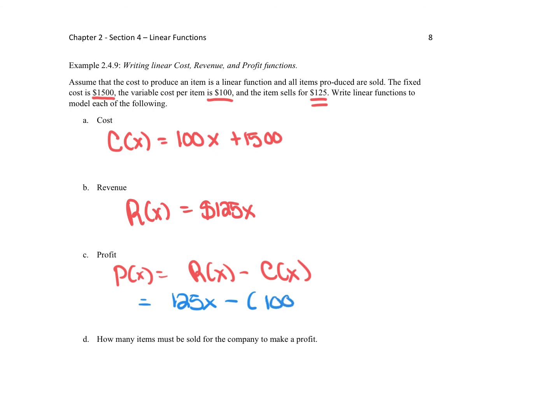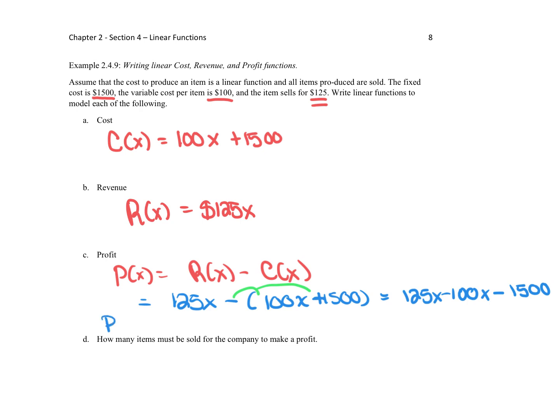Don't forget the parentheses because you're going to distribute the negative in right here. So that's equal to 125x minus 100x. Oops, this was a plus. And then minus 1500 because I distributed the negative in.